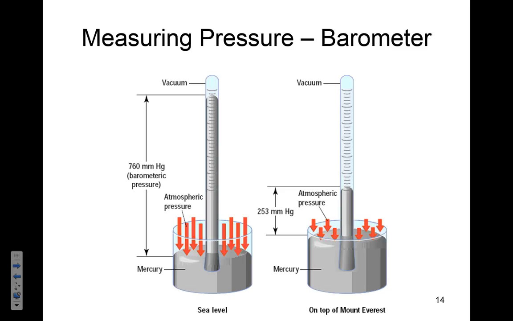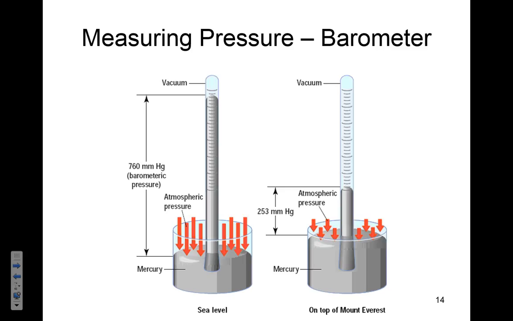And since gravity is a constant force, we can measure directly the atmospheric pressure by looking at the height of that mercury, a millimeter of mercury measurement. So when we're talking about atmospheric pressure, 1 atm was 760 millimeters. So what we're looking at here on the left is typical sea level atmospheric pressure. Now we go up on top of Mount Everest.